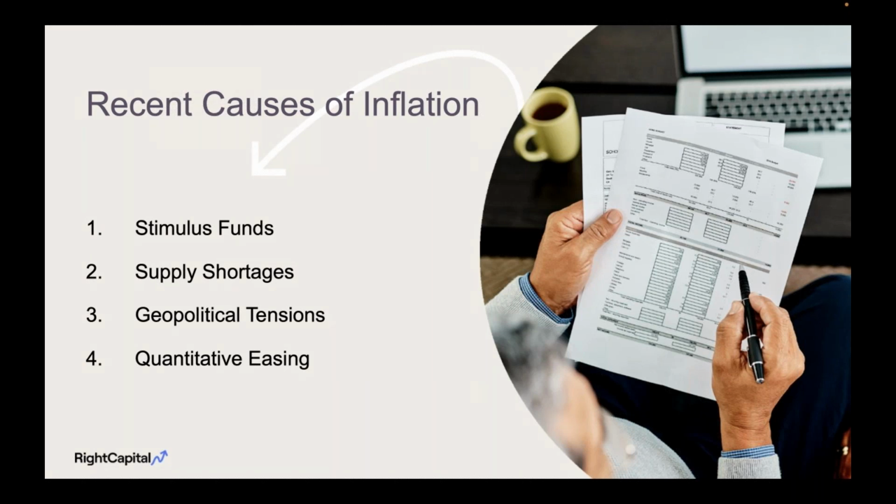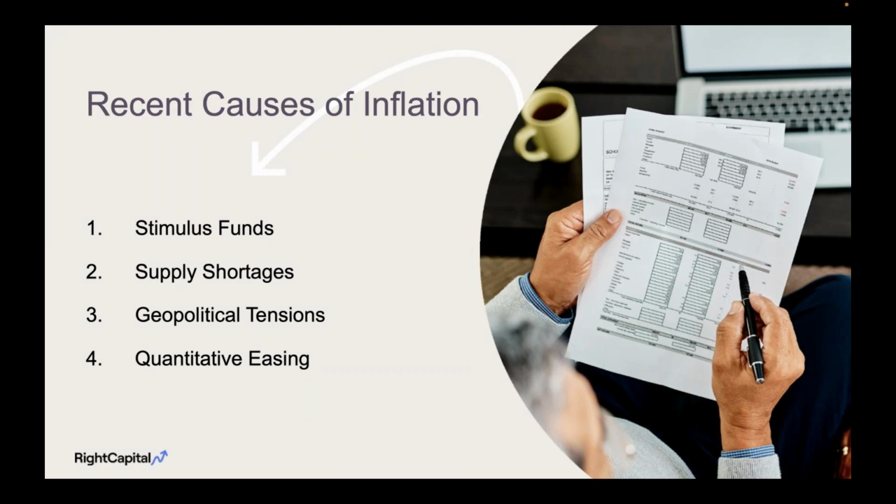With stimulus funds hitting the market a few years back, we saw increased inflation. With the pandemic supply shortages, we of course saw some additional inflation. With the geopolitical tensions we have currently, maybe with the war in Ukraine or other scenarios, we can see, of course, inflation rising, or was rising, I'll say.